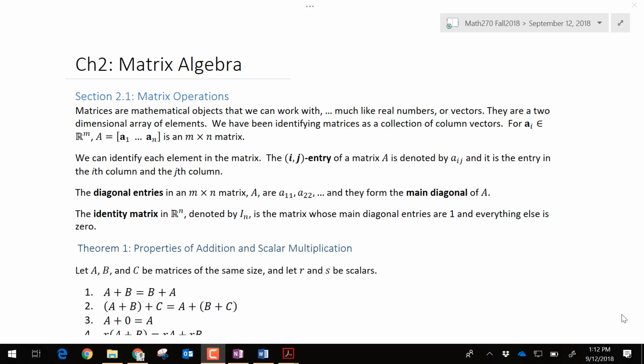And so we could take that another step further and say that matrices are just tools to help us solve problems. And just like numbers and vectors, we have some basic operations for them. And so that's what chapter 2 is about. Actually, 2.1 is about your basic addition and scalar multiplication business.